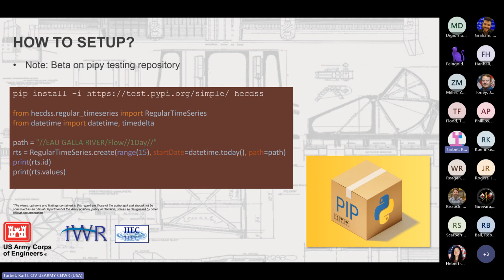You set the start date time using simple Python datetime objects, and you apply the path. And then this instantiates a DSS object, which is kind of like our middleware to store all the information before it's put into our DSS file.